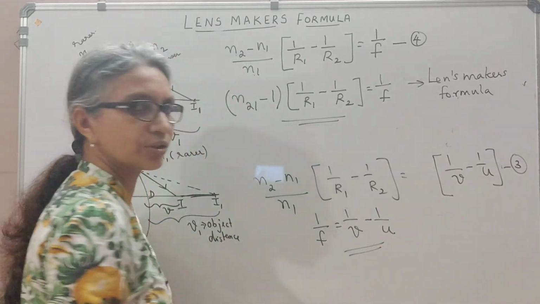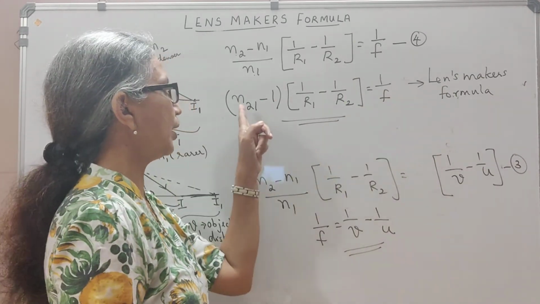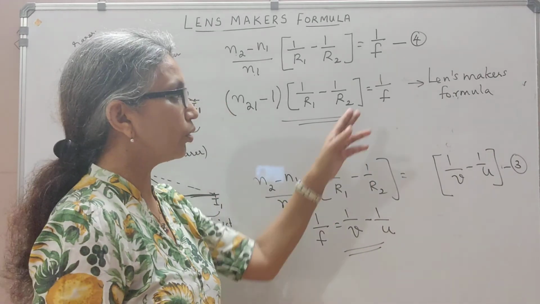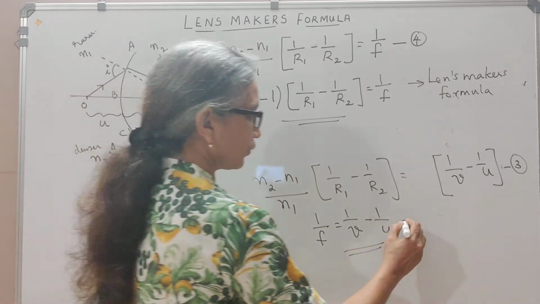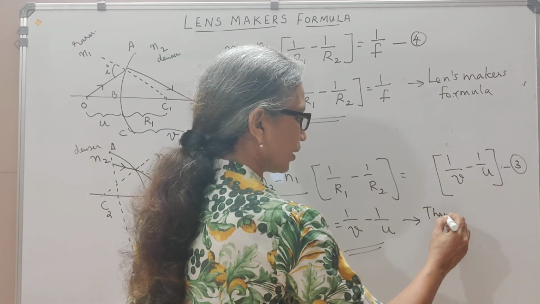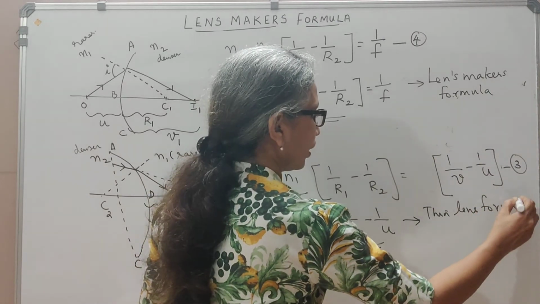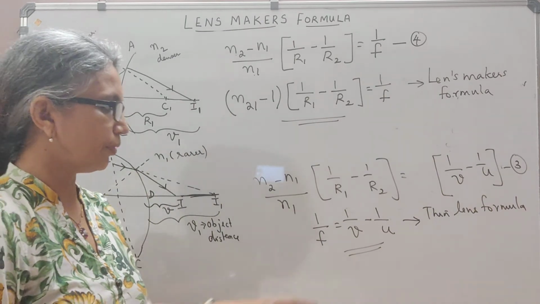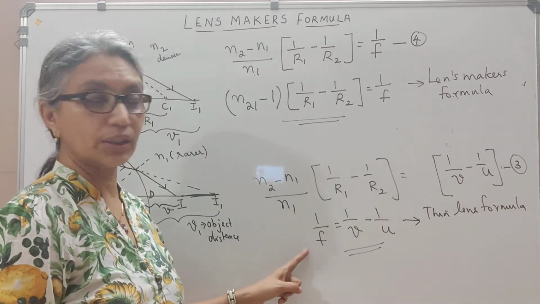So from the same derivation we arrive at two formulas. One, the lens maker's formula, N21 minus 1 into 1 by R1 minus 1 by R2 equal to 1 by F, and also the thin lens formula. This is the thin lens formula which I know you have learned in the 10th standard: 1 by F equal to 1 by V minus 1 by U. Remember, V is the image distance, U is the object distance, F is the focal length.